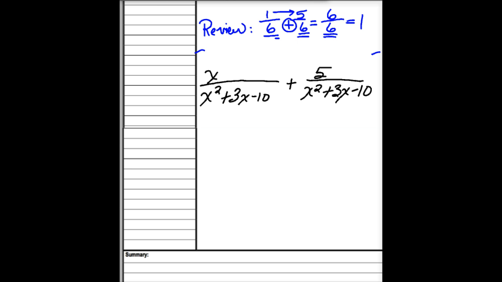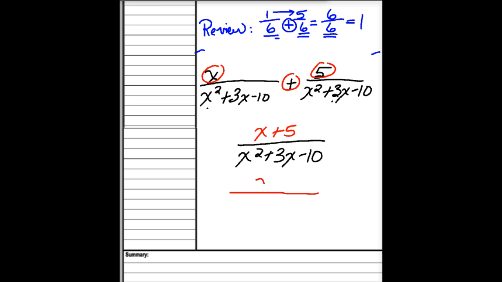What I've got on the bottom is the same denominator, so I keep it. Doesn't matter that it's getting uglier, it's still the same here as it is over here. Once I get that same denominator, I go to the tops and I add them up and I call it x plus 5.